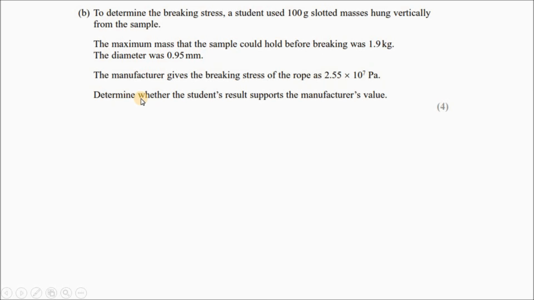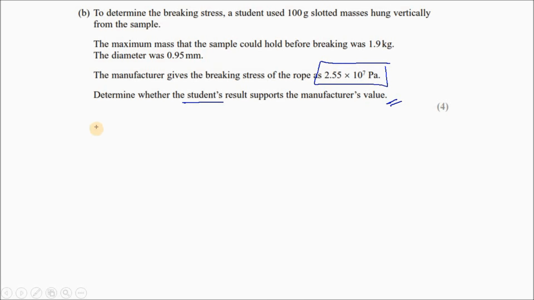Determine whether the student's result supports the manufacturer's value or not. So again, you will have to figure out the stress calculated by the student, and then you need to compare whether it is within the range or not.